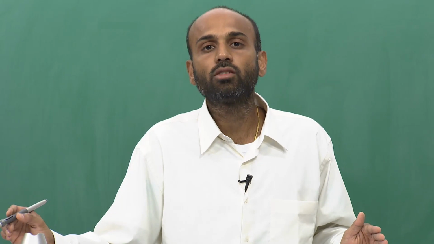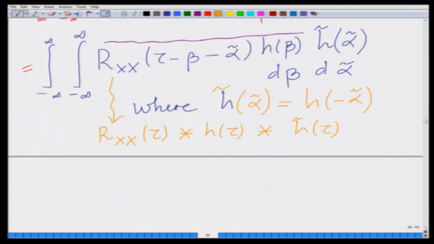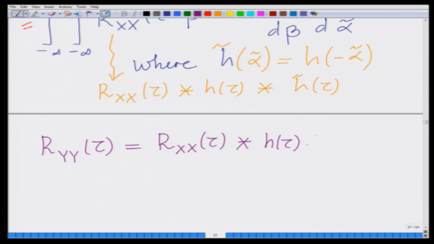Therefore, I can also write r_yy of tau equals, in the time domain, r_xx of tau convolved with h of tau convolved with h of minus tau.